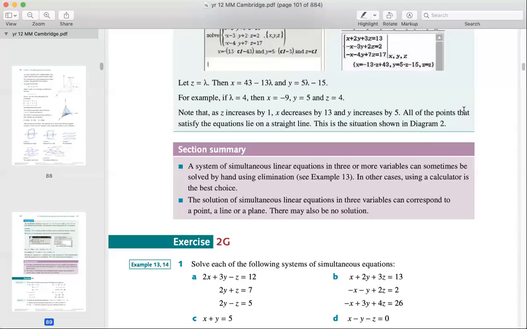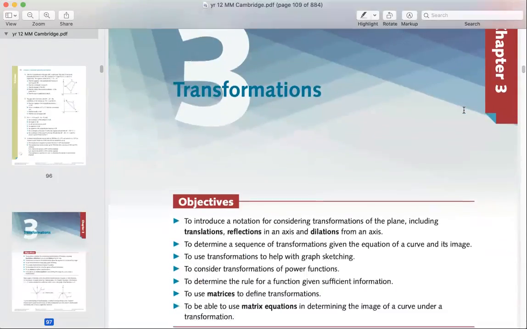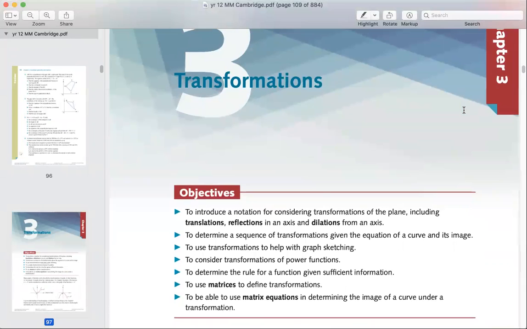Okay, so let's move on to chapter 3, which is transformations. This one is actually covered in Year 11, but most students still find it a bit tricky and difficult to understand. So again, I'm going to introduce the topic first and some key concepts. Then for the next video, we might use some final exam questions or some examples to illustrate my point.